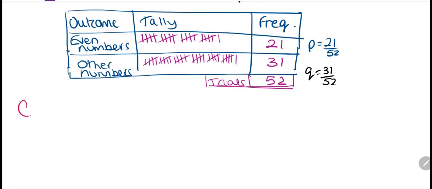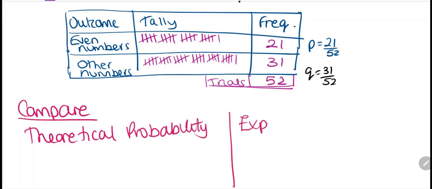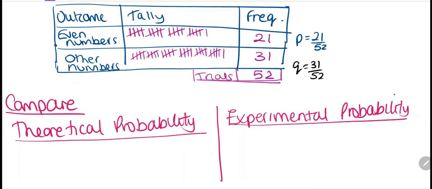So if we compare the theoretical probability and the experimental probability of our trial of choosing an even numbered card, so this being successful, our probability was 24 over 52 for p, and our experiment was 21 over 52.